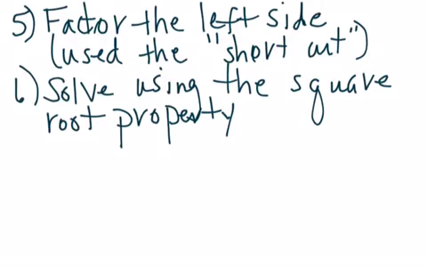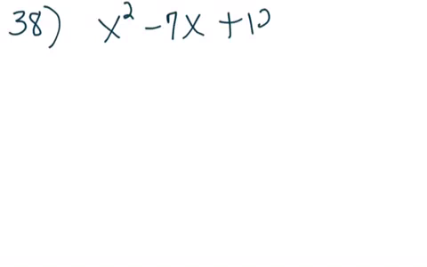The first problem we need to look at is problem number 38. Number 38 has x squared minus 7x plus 12 equals 0. A is equal to 1. The coefficient of x squared is equal to 1, so we don't have to divide by anything.